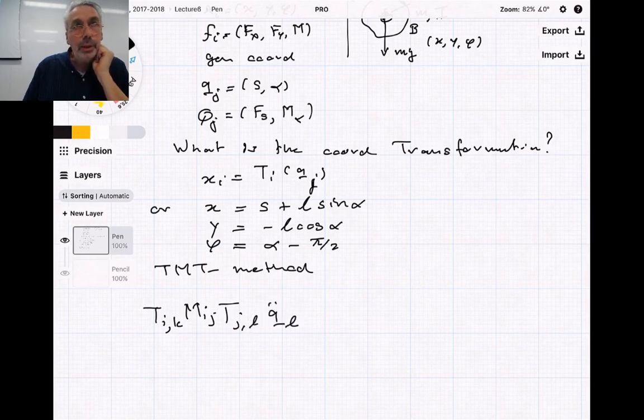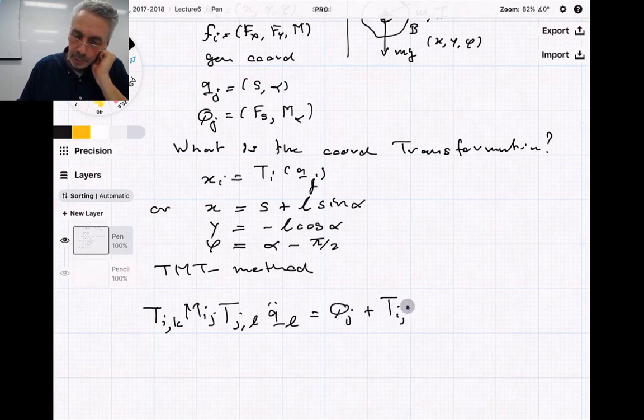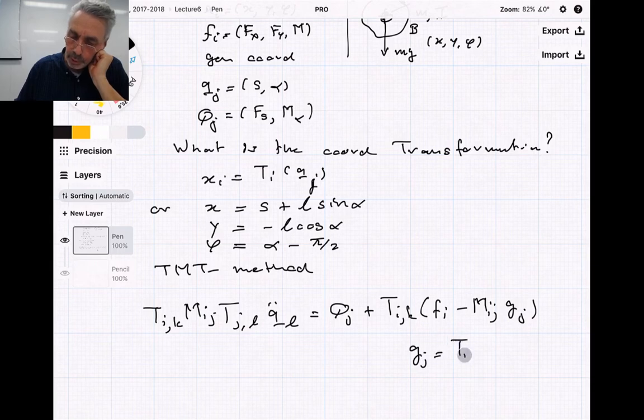This was the leading term. And then on the right hand side we had our applied forces, the transformation matrix Tik times Fi minus these Mij. And then these were the convective terms, defined as Tjkl q dot k q dot l.